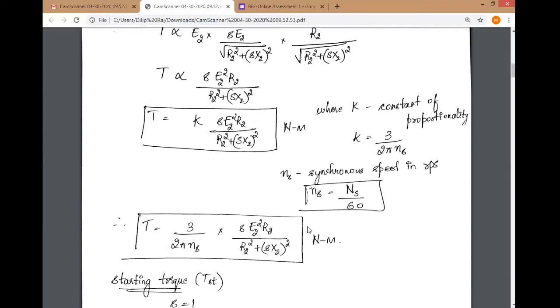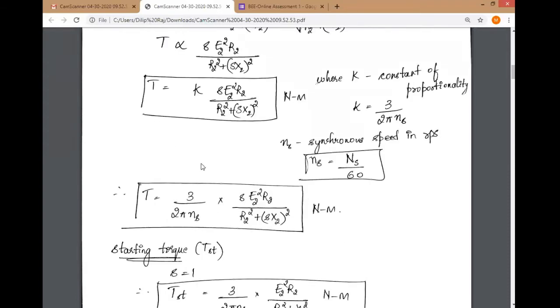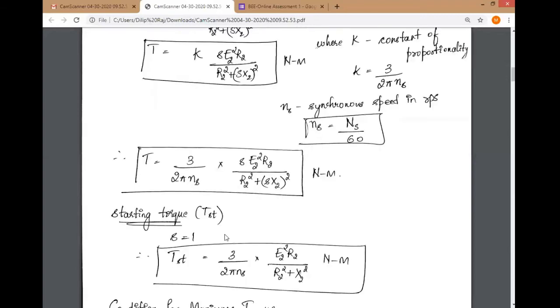Now this is the general equation using which the equations for torque with respect to the various conditions on the motor can be obtained. For example, during starting, we know the slip takes up its maximum value, that is 1. So by substituting s is equal to 1, the corresponding equation we get will be the starting torque equation, just as shown here.